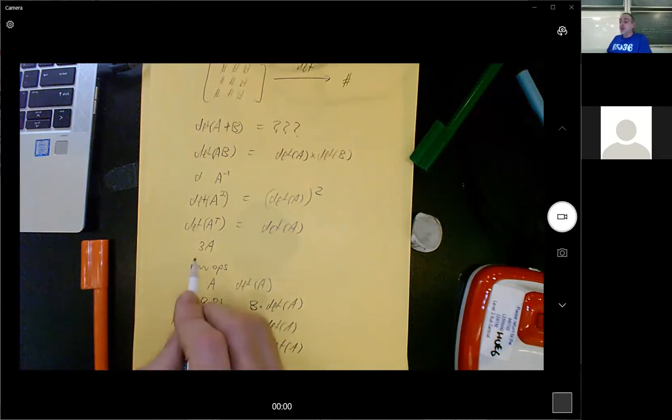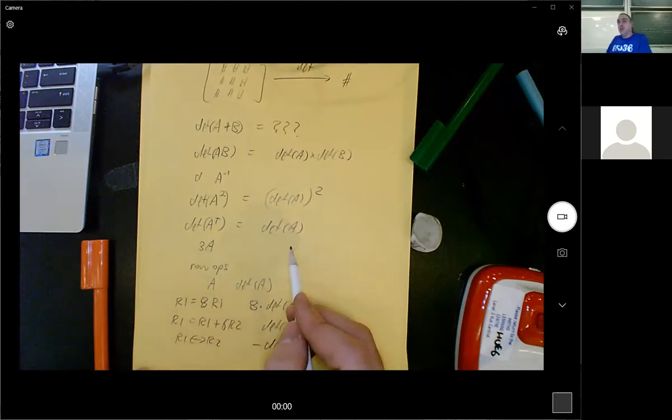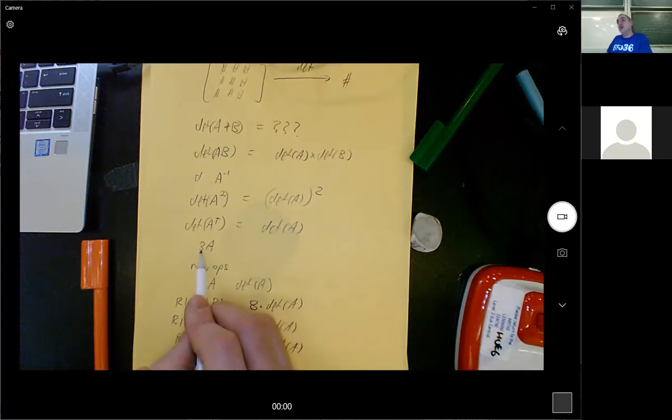Okay, so this one, if A has 4 rows, then I'd be multiplying the first row by 3, which would multiply the determinant by 3. And I'd be multiplying the second row by 3 as well, because I've multiplied the whole matrix by 3. And I'd multiply the third row by 3 and the fourth row by 3. So I would end up multiplying by 3 however many times it has rows.